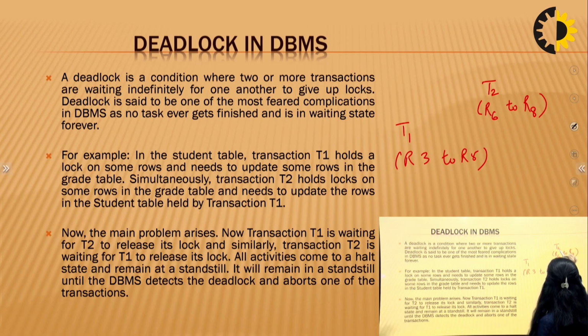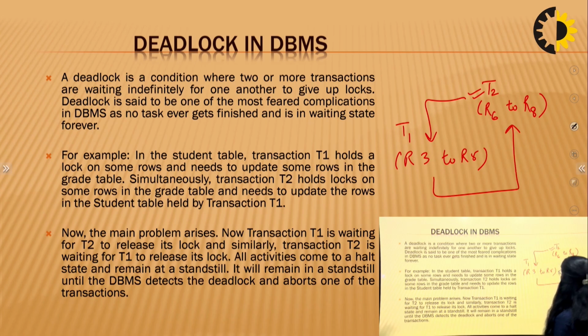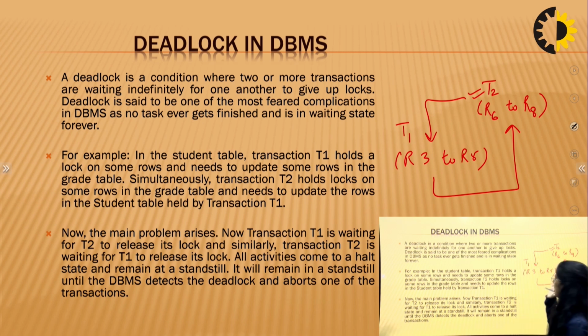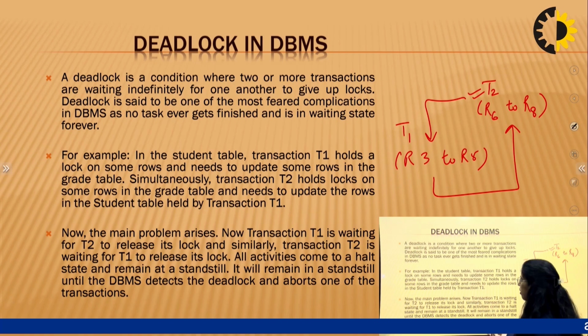But in between, this transaction wants to update the values of these rows, and this transaction wants to update the values of these rows. Then both of these will get stuck at this particular time and no transaction will ever get executed. So when this cycle appears in the database, it is a clear condition of deadlock.